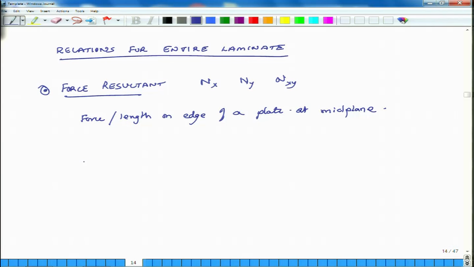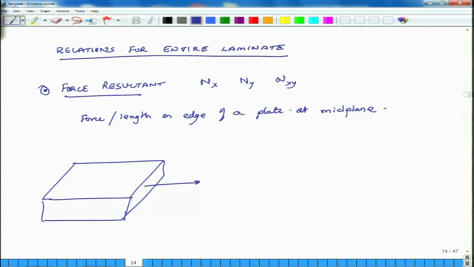So, physically what does it mean? Suppose I have a plate. Now, if this is the plate and that is my x axis, this is the y axis and the vertical one is the z axis, we will be very conscious that whatever our axis system is, it will go through the midplane of the plate.